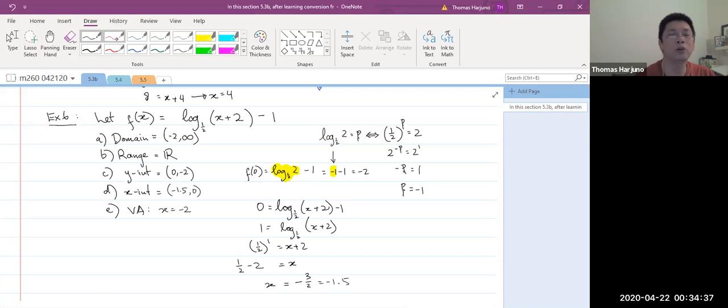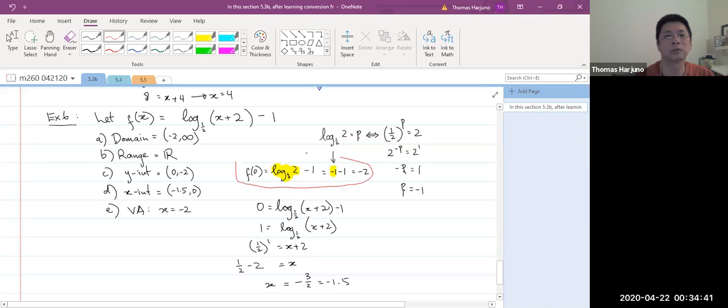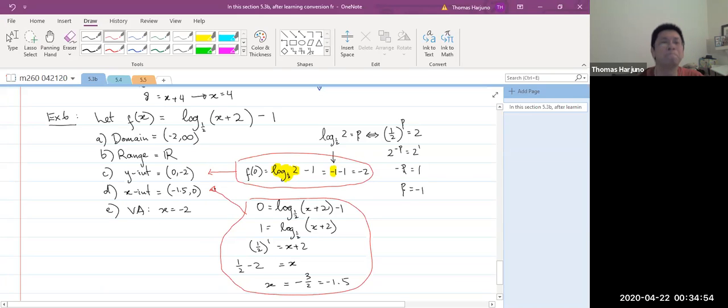By the way, in your test, I need you to show this, and I need you to show this for the x-intercept. Okay. Now then, how about the graph?